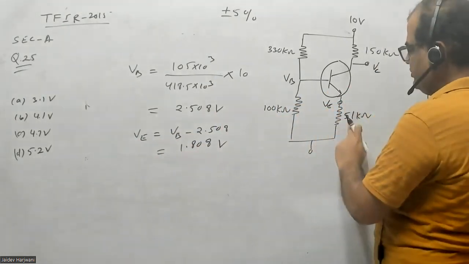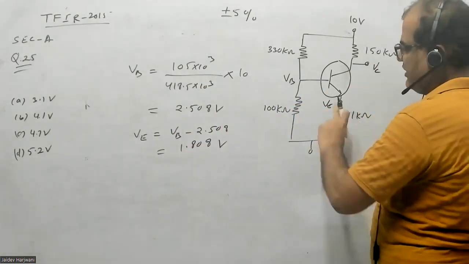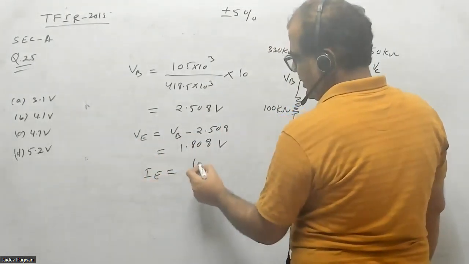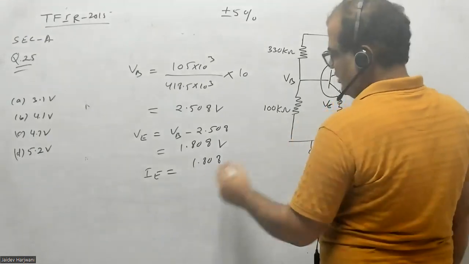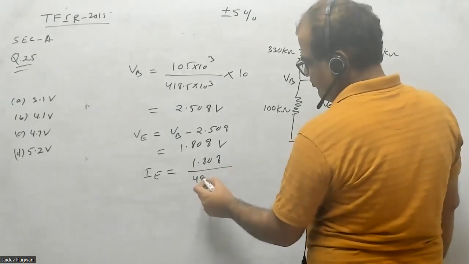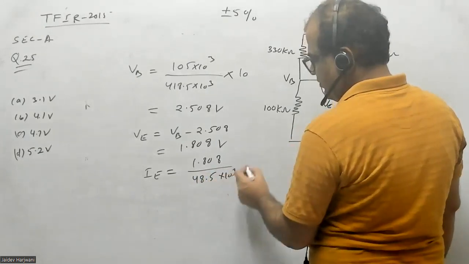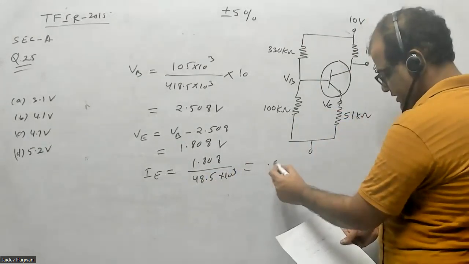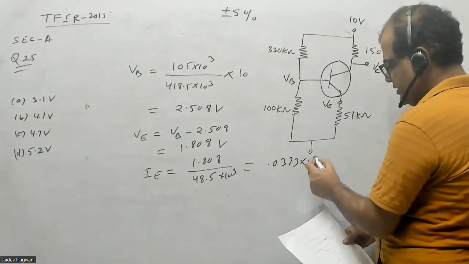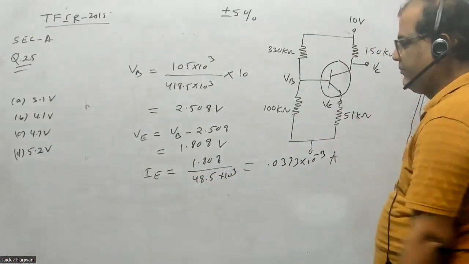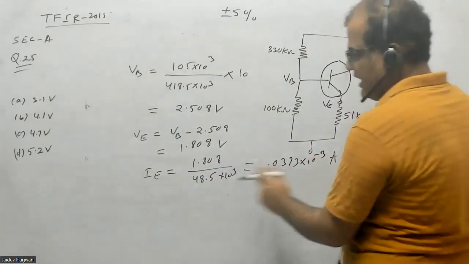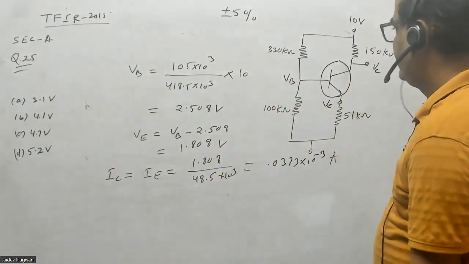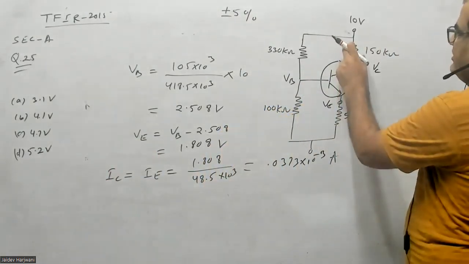Once I know this value, I will take the minimum value of RE so that I can maximize IE. So my IE value will be 1.808 divided by the minimum value of 50 kilo ohm, 5% less, that is 47.5 kilo ohm. If I solve this, it gives me the IE value 0.0373 milliampere, and this IE I will take equal to IC. Now I know IC, so I can find VC.